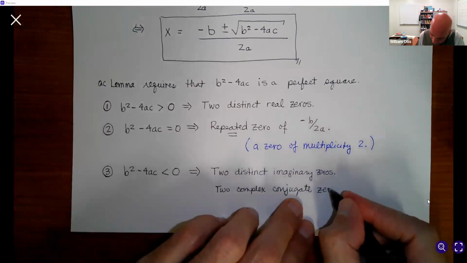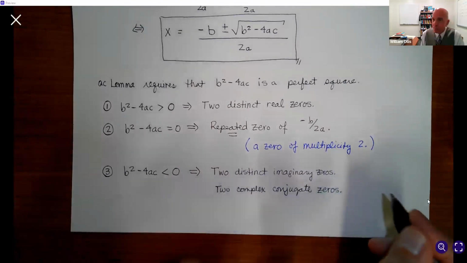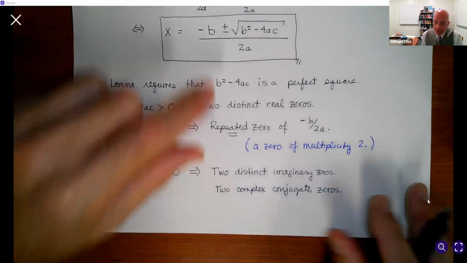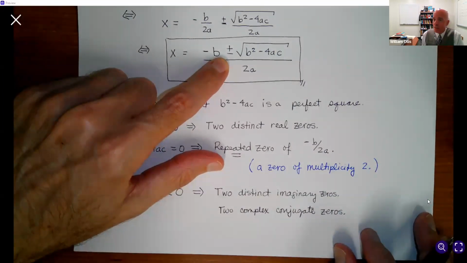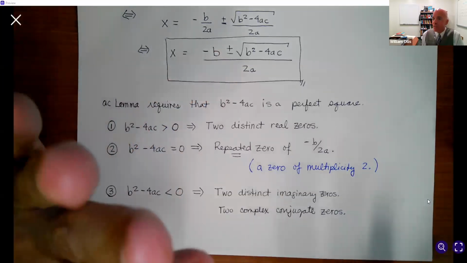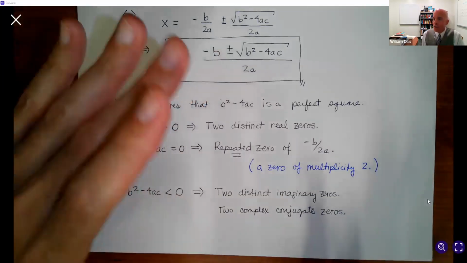And what that means is this plus and minus that we have from the formula will give us complex numbers, which are called conjugates.